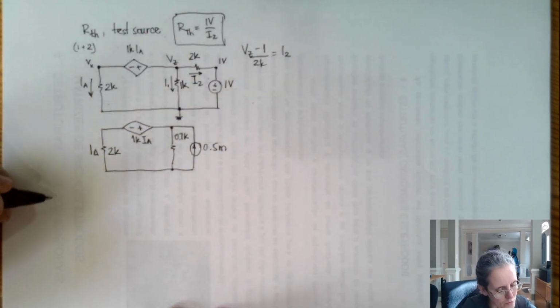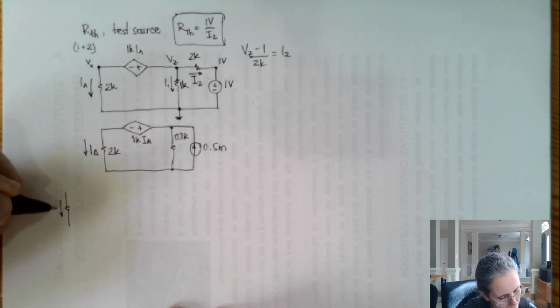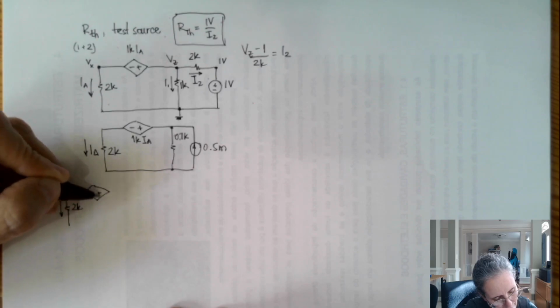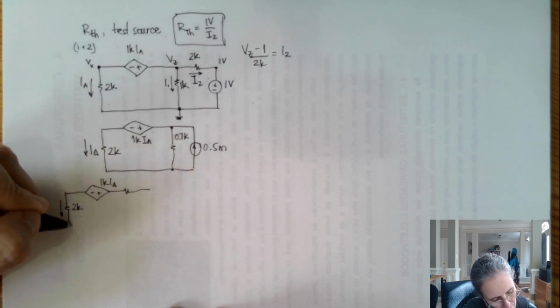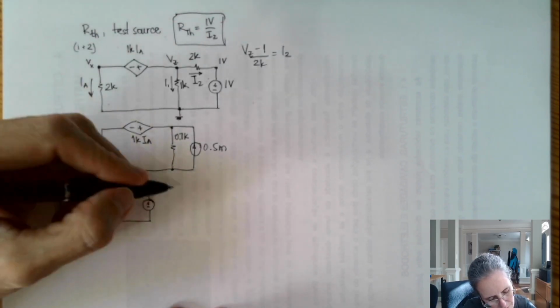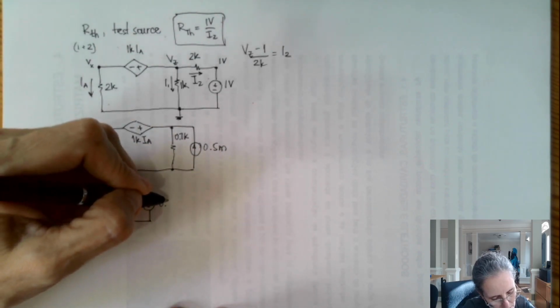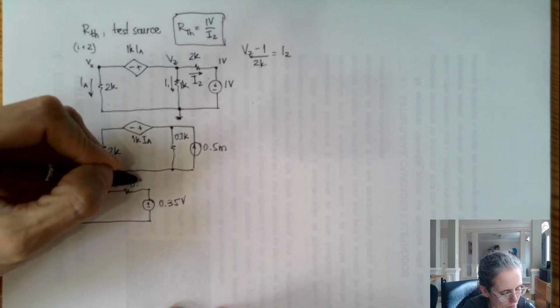So here, I hope you can still see it. IA is going down. 2K, 1K IA. 0.5 times 0.7 is 0.35 volts, and this is still 0.7K.